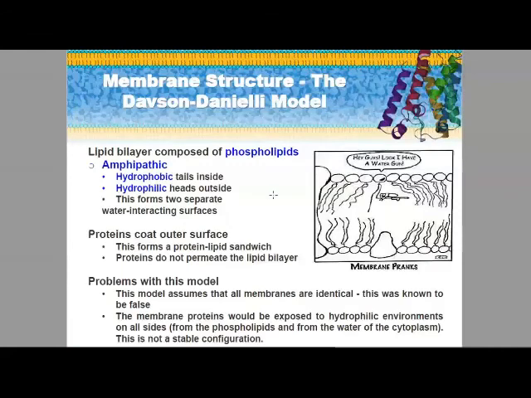So Davson and Danielli suggested that all the membranes are composed of a phospholipid bilayer with this configuration of the two layers of phospholipid facing in the opposite direction, exposing the hydrophilic portion to either side of the environments, the inside and the outside of the cell, and in the midsection, the fatty acids, the hydrophobic tails, facing in opposite directions.